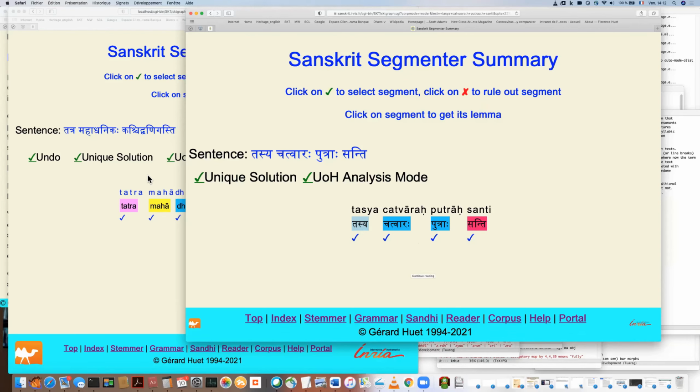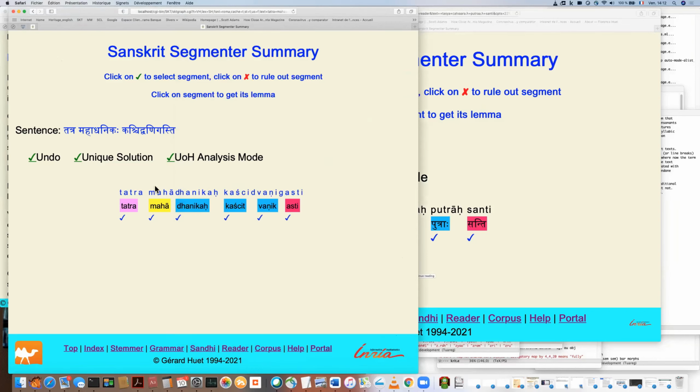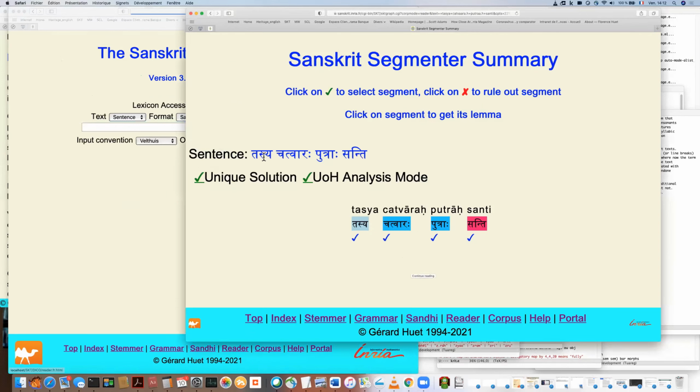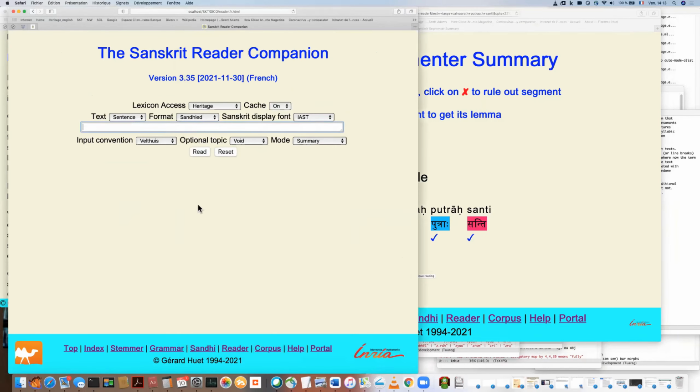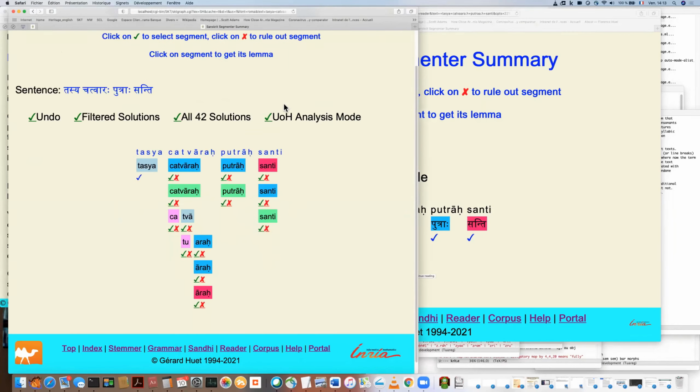Okay, so now I continue the exercise here on the reader. I will input the sentence. And here, again, you have to look for Tinanta Santi.